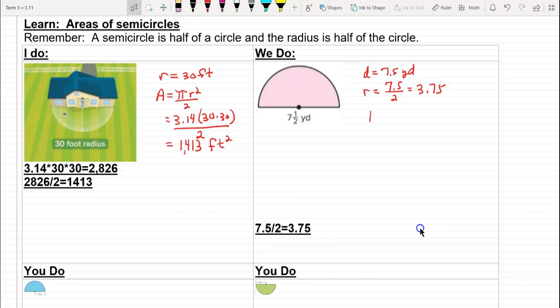Okay, so now let's plug that into our formula for the semicircle. So area equals pi times radius squared divided by 2. So pi is 3.14 times 3.75 times 3.75, and then we'll divide all of that by 2. So we have 3.14 times 3.75.